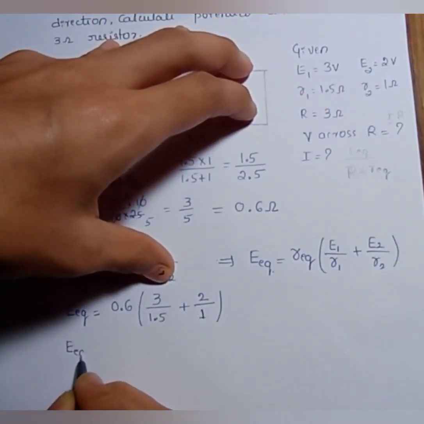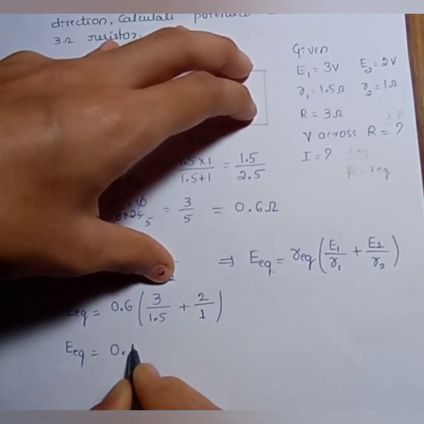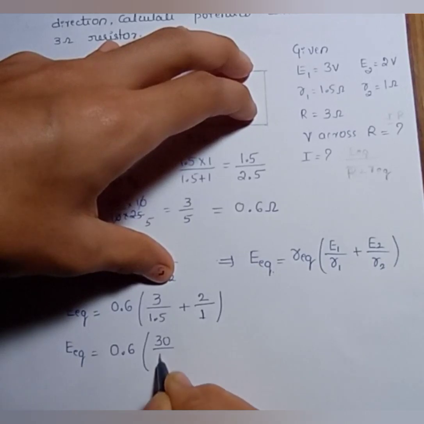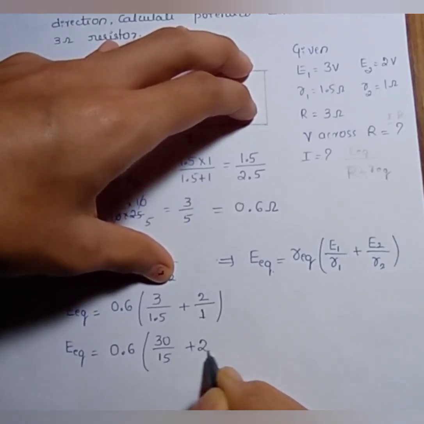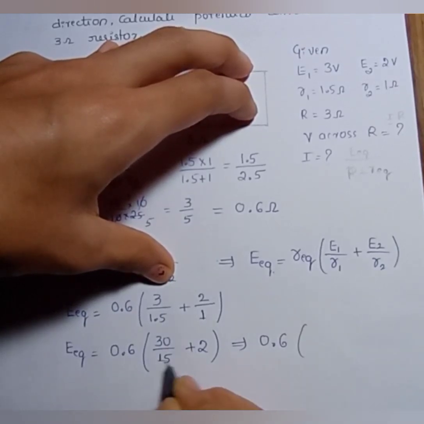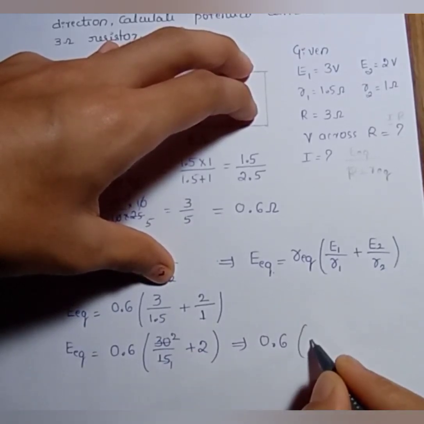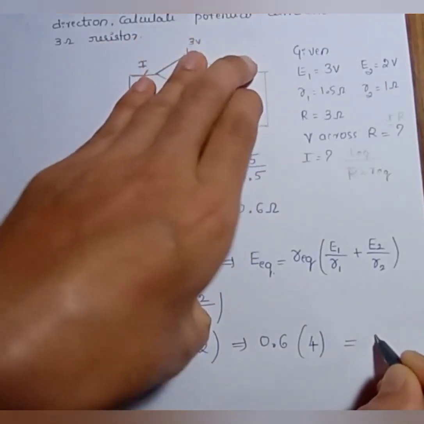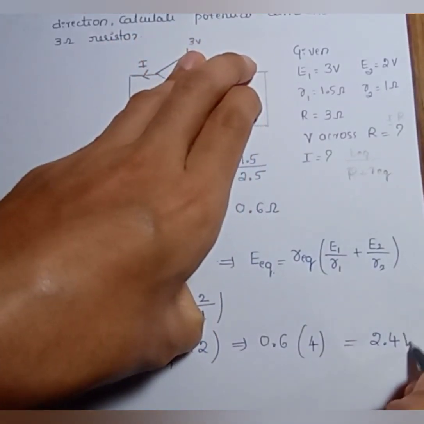Then E equivalent is equal to 0.6 into 30 divided by 15 plus 2, which implies 0.6 into 2 plus 2 is 4, which gives the value E equivalent equal to 2.4 volt.